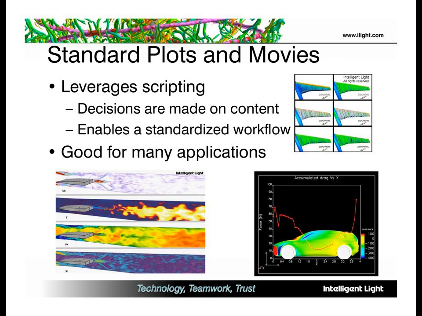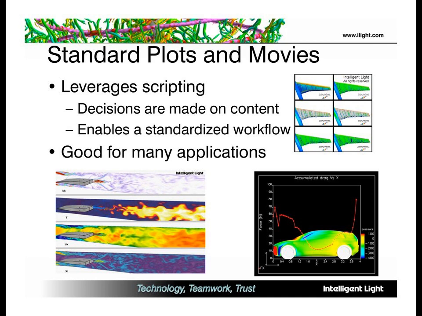Standardized plots and movies, besides leveraging scripting, can also help because decisions that are made on the content are actually easier to make if people are looking at standard plots when they come to a meeting. For very many years, especially in the automotive industry, these kinds of standard plots, when you're going to review a design or talk about proposed changes, give everybody a common working format to understand things and to make decisions.